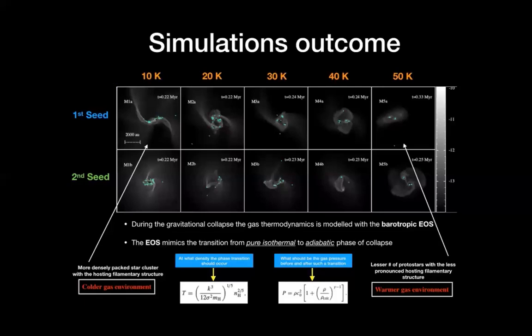So whenever the density reaches a specific value, we expect that the isothermal regime of collapse is taken over by the adiabatic regime of collapse. And when this happens, the gas starts to heat up more, and the evolution carries on along with this temperature environment.